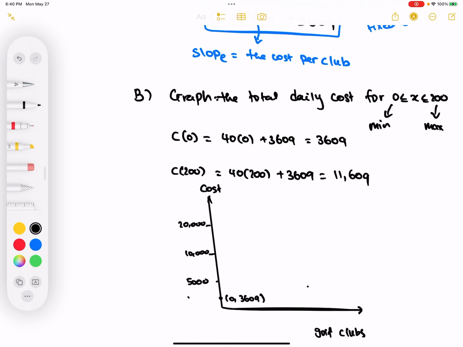The other one is, let's say this is 50, this is 100, this is 150, this is 200. When it is 200, it is a little bit above 10,000. Let's approximate this one. This means this is 200 corresponding to 11,609. So connect the 2 points, so this is the graph.